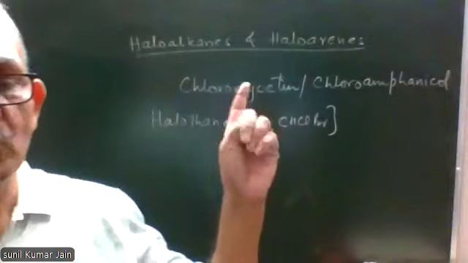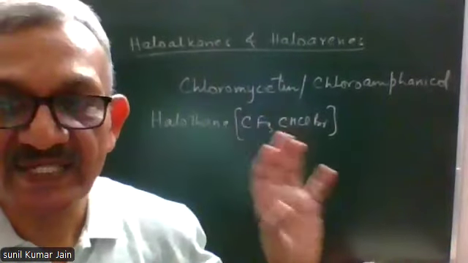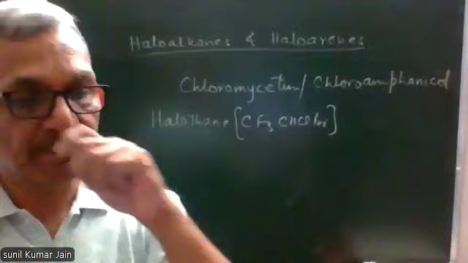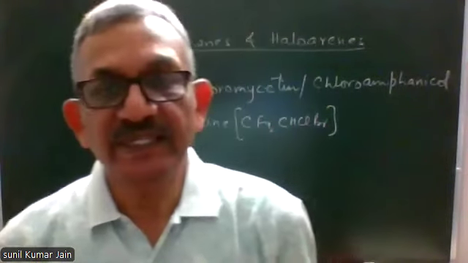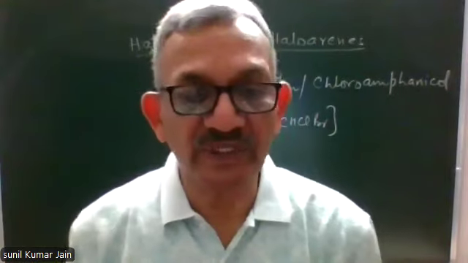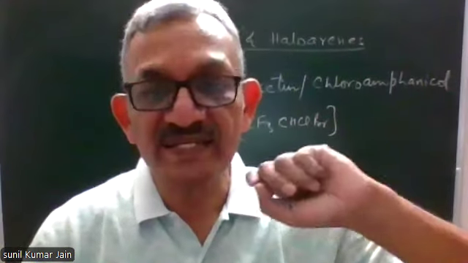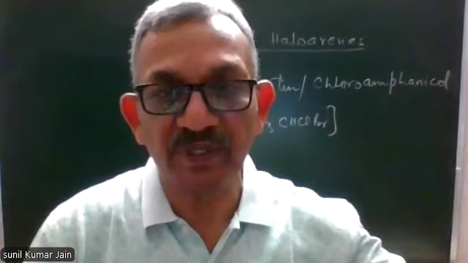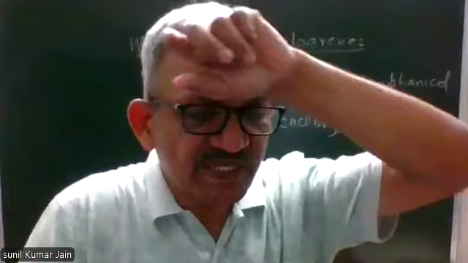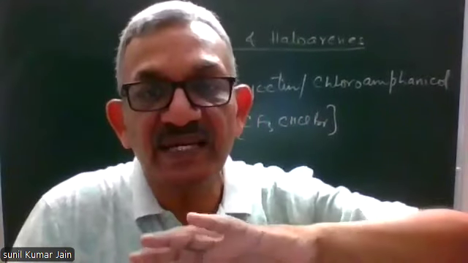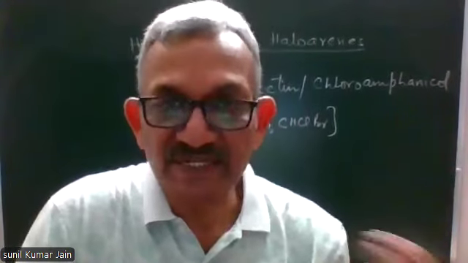This compound is used as an anesthetic agent during surgery. Then you might have heard of DDT, dichlorodiphenyl trichloroethane. DDT is used as insecticide. We'll study about this compound a little in detail towards the end of this chapter. DDT is used as insecticide and BHC, benzene hexachloride, is used as pesticide.